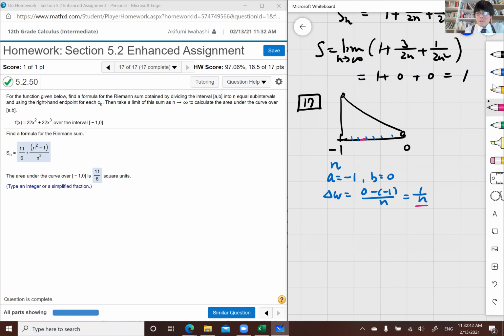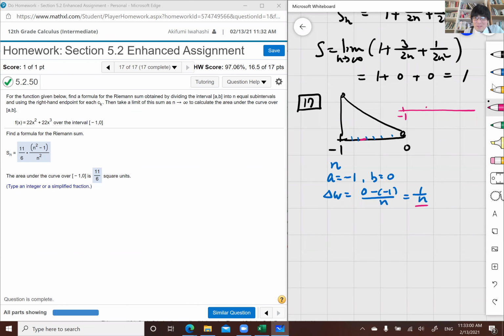Now each term is going to be a bit harder because you start with -1. So you add 1 over n to -1. Here's the partition. The first number is this, not 0. We are starting with something else.